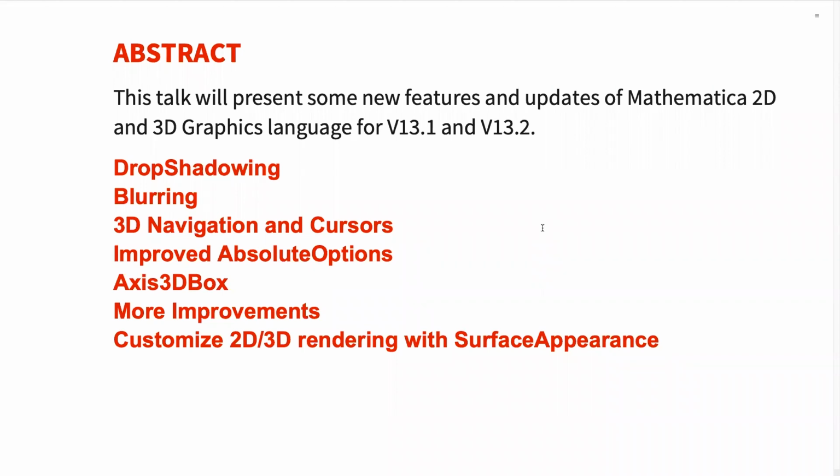And access object, we get very good feedback. And for the new versions, we push a little more to 3D. Other than that, there are several other improvements as well. Finally, I will cover a little bit about SurfaceAppearance.